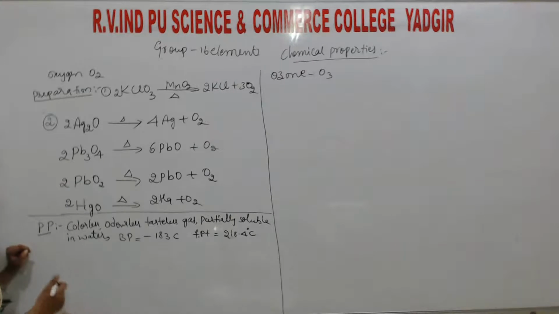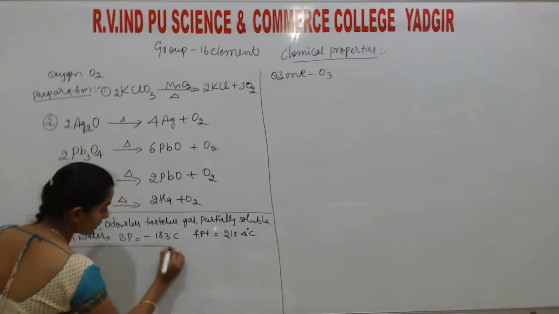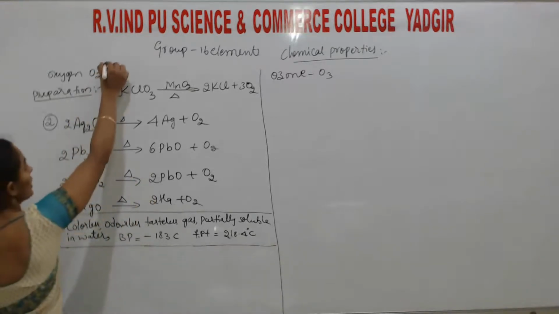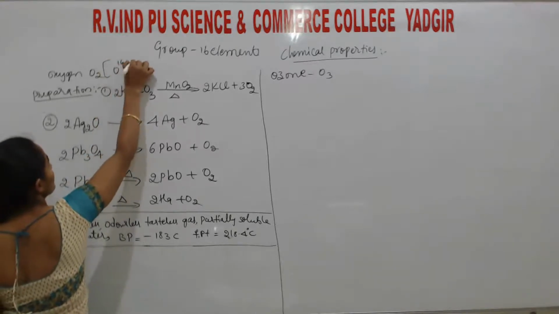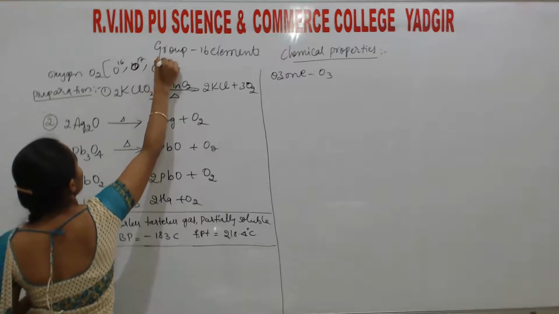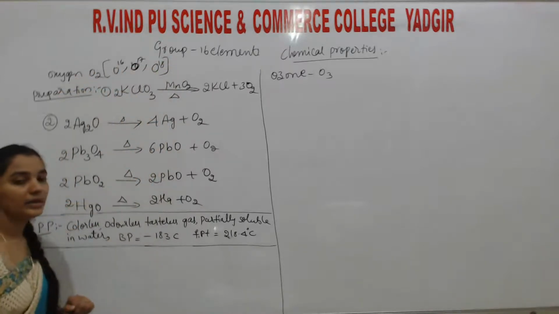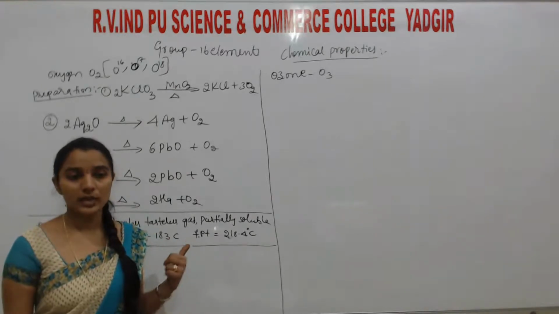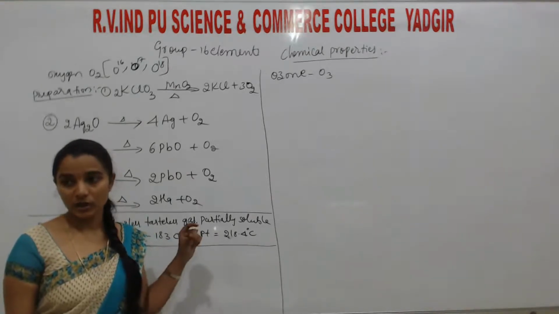So students, this one has isotopes: O16, O17 and O18. But the abundant one is O16. That's why we consider O16 as the basic oxygen atom.